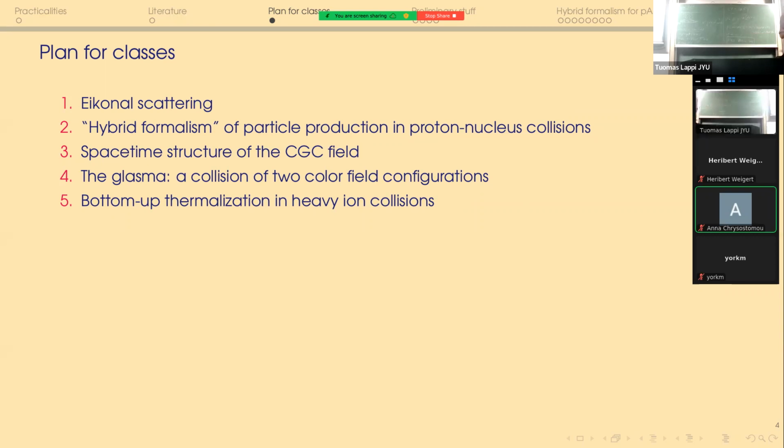So instead of parameterizing the gluon field of a proton by asking how many gluons there are, 5 or 7, that's not the way you ask the question. The way you quantify the gluon field is to ask what is the scattering amplitude of a high energy probe when it goes through the gluon field. The scattering amplitude is basically this Wilson line. That's the quantitative degree of freedom.